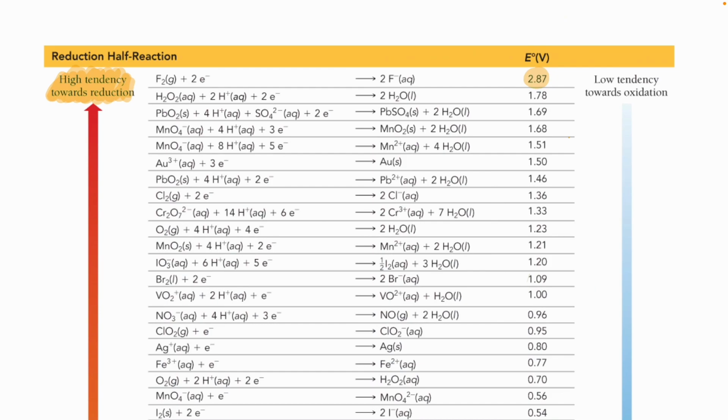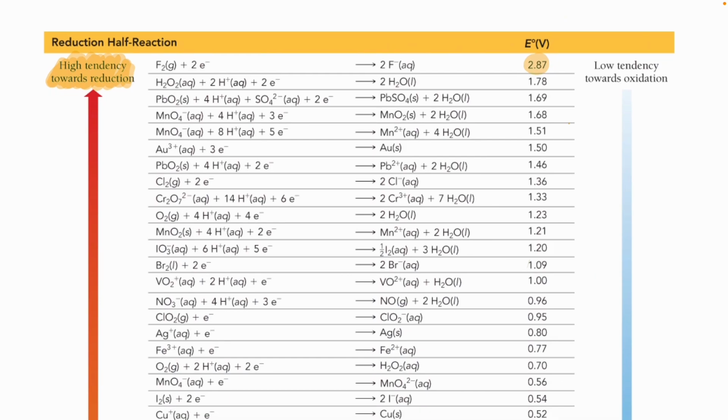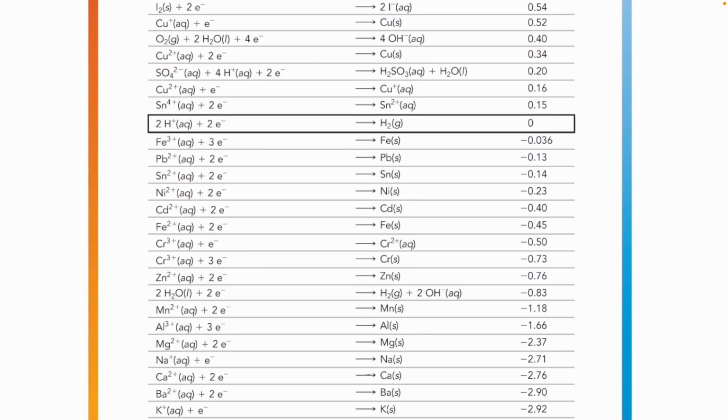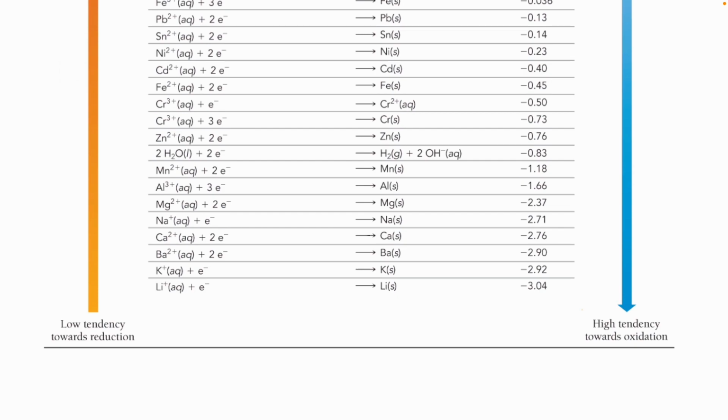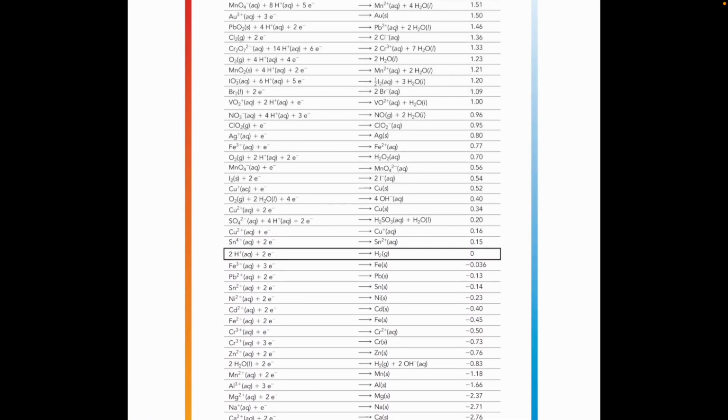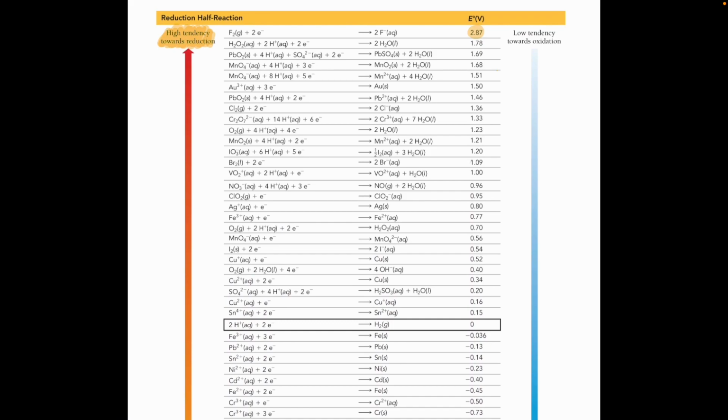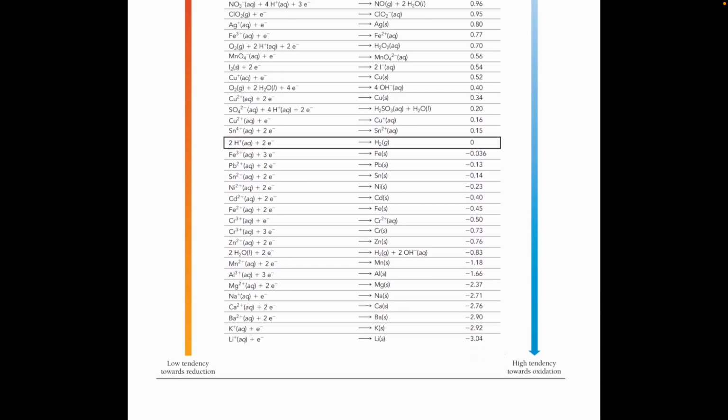So these are the ones that pull electrons the best. And the worst reduction reactions are listed down at the bottom. They have the lowest potential. So again, this table lists these reduction reactions in order of greatest reduction potential, the highest potential, to lowest reduction potential.